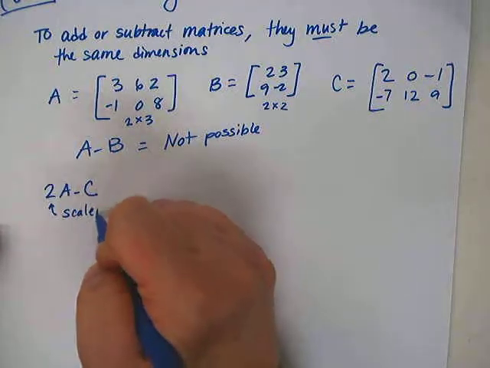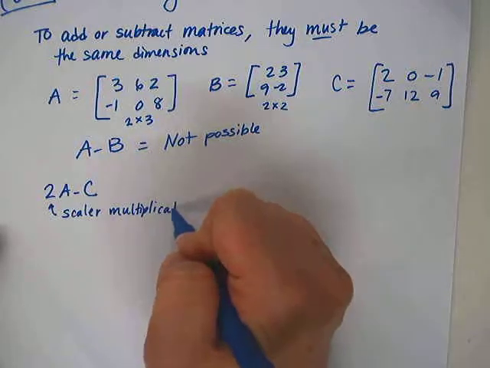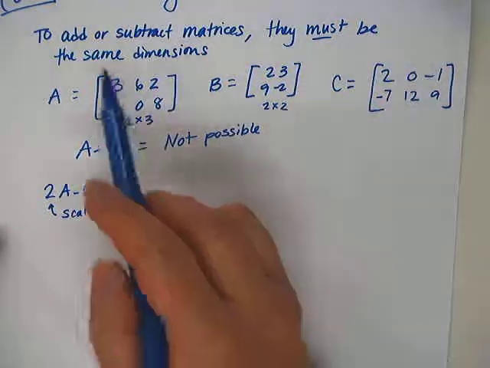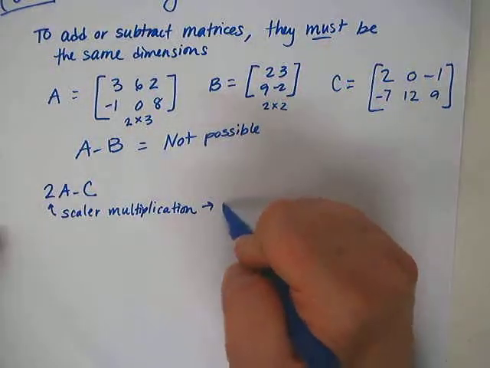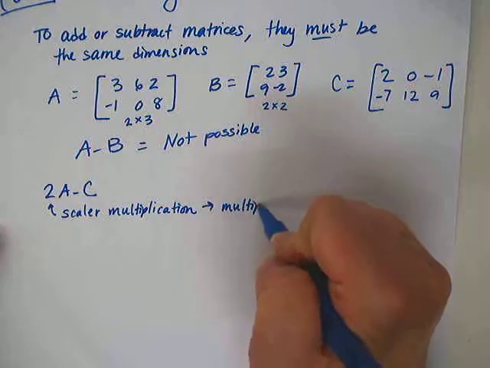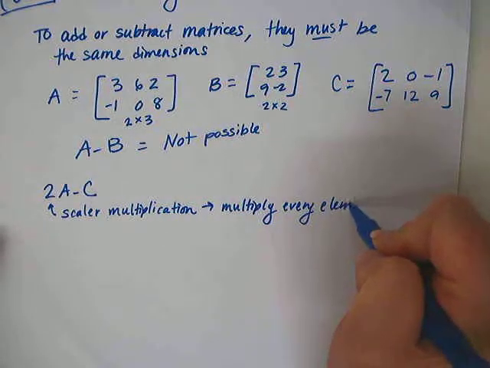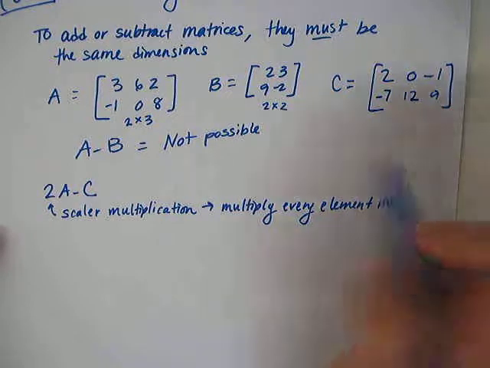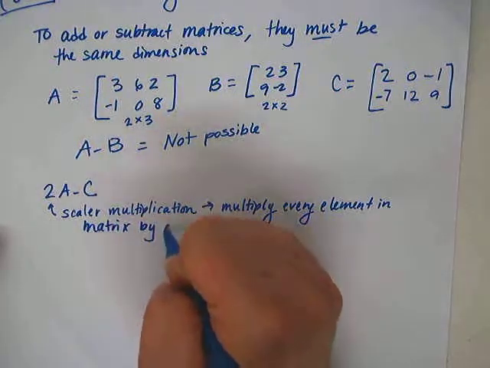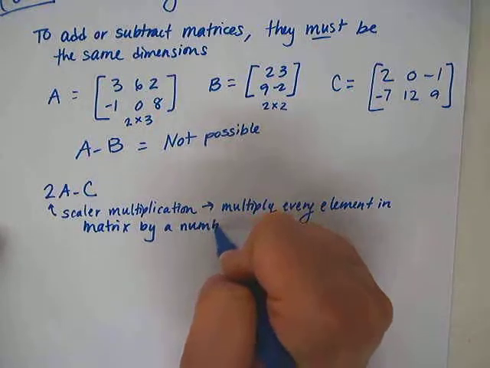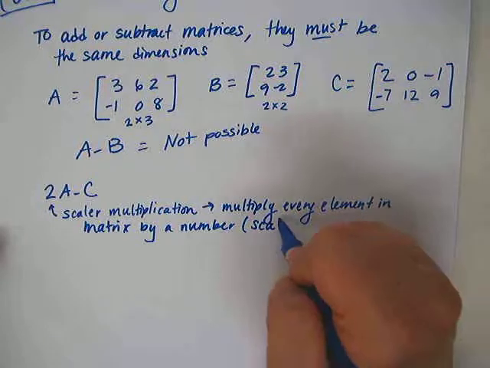This here is called scalar multiplication. And that's where you take that number and you multiply every element in the matrix by that number. So multiply every element in a matrix by a number, which is called a scalar.